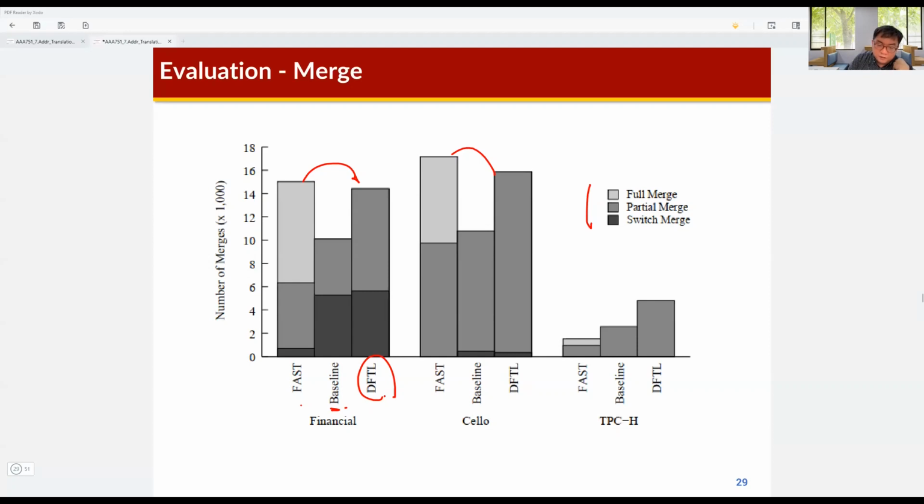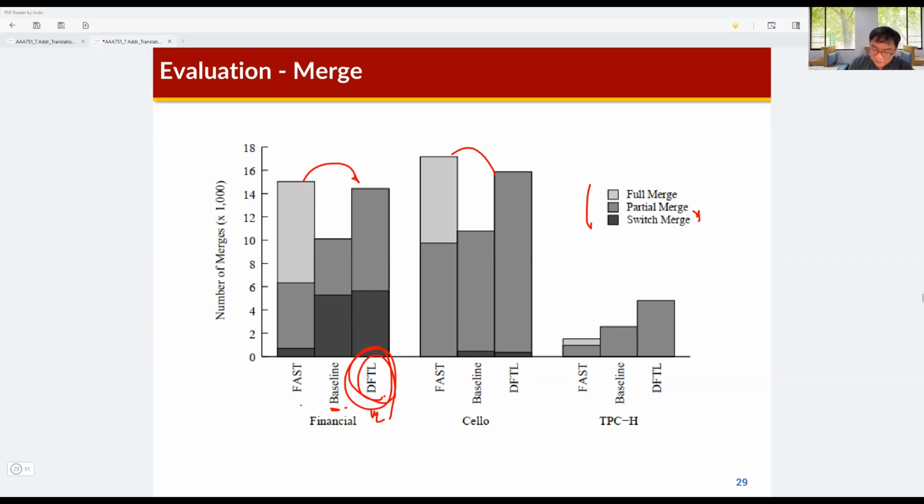So as you can see, actually the DFTL does not need to perform the full merge because it's a page level mapping mechanism. So only the partial merge or switch merges are performed inside of the DFTL. So we can expect that the performance can be improved.